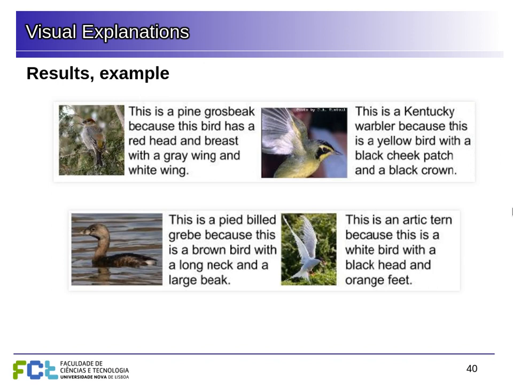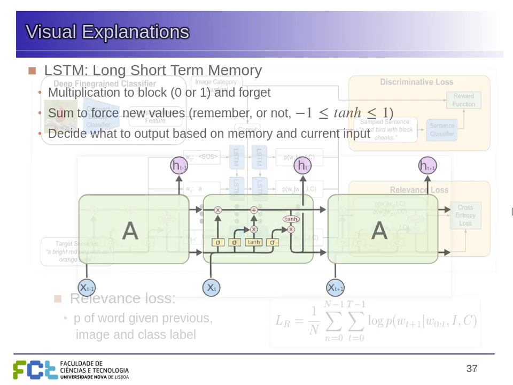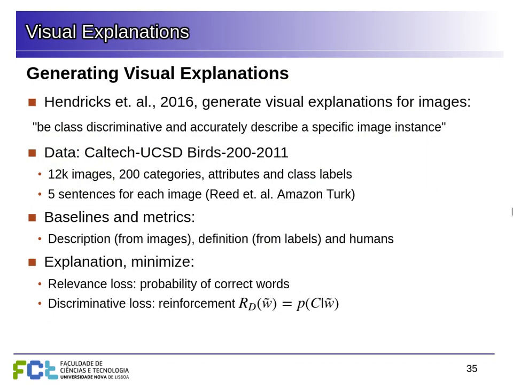This was done with two different networks. There is one convolution network which was trained on the UCSD birds database, and it's used to generate the features for classifying the birds. Then there are 5 sentences written by humans for each image.